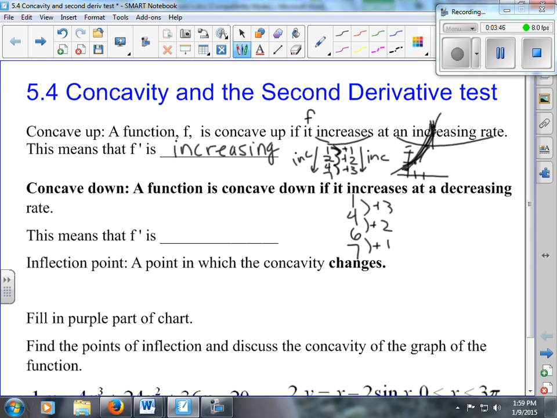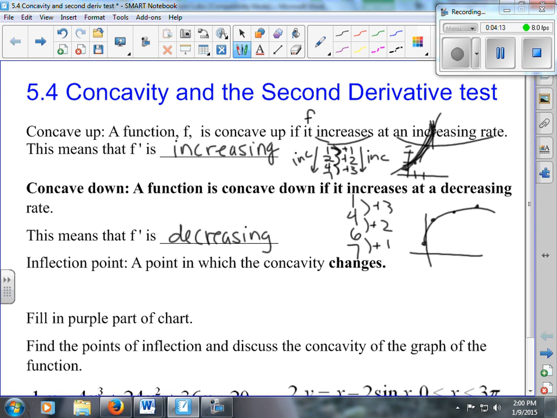Notice that my rate of increase is decreasing. This would be concave down. And if I were to graph these values, 1, 4, 6, 7, notice my values increase, but now my curve is curvy down. And so this means f prime is decreasing, and my function f is concave down.